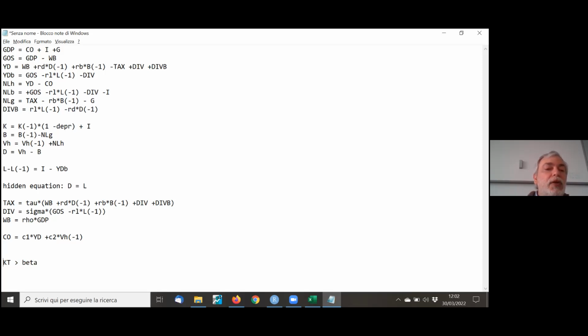So this means that potential GDP should be equal to beta times the total stock of capital. Okay. Now, since only a fraction of capital is being used, let's call K the actual stock of capital in use.